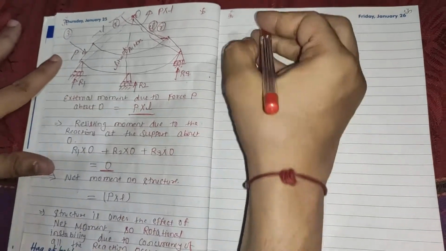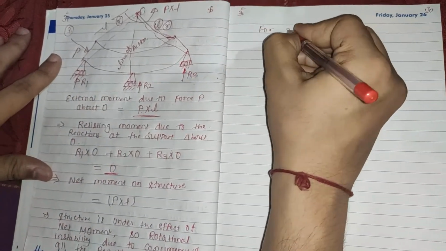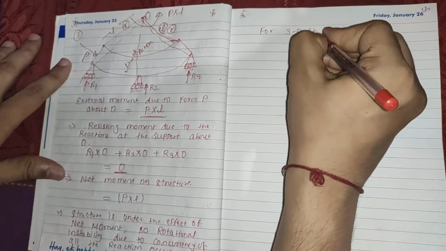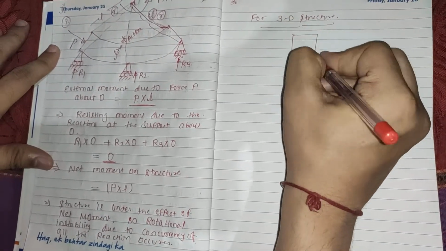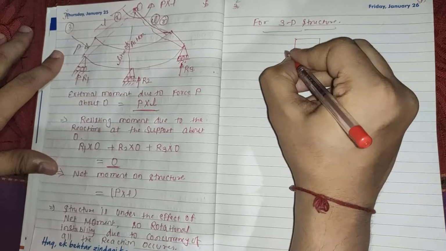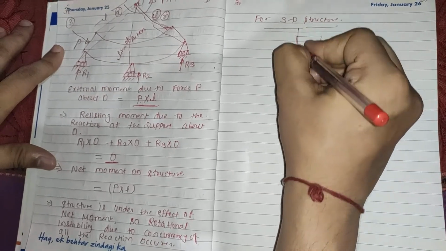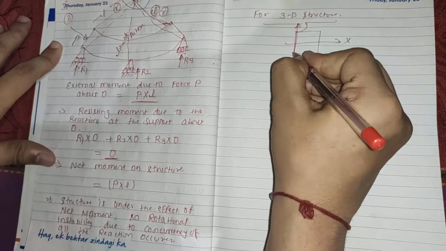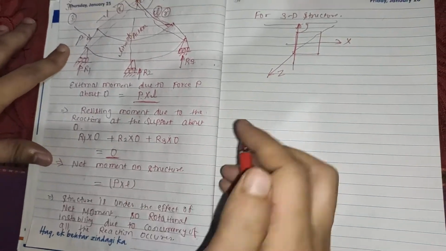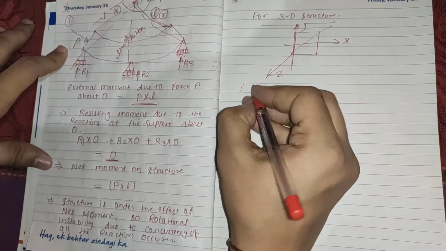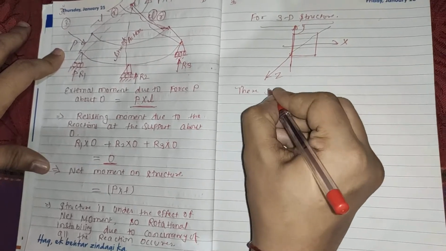Okay, so for a 3D structure, let's say this is a 3D structure, this is X, this is Y, and this is Z. Clear?